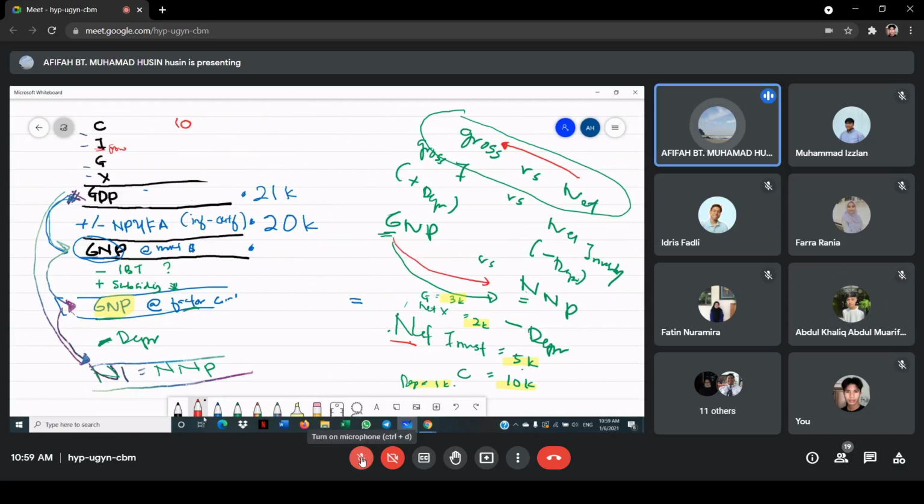Gross kepada net tolak. Net kepada gross tambah. So we have 5 plus 1, it gives you 6K. G 3, net export 2. So berapa total?